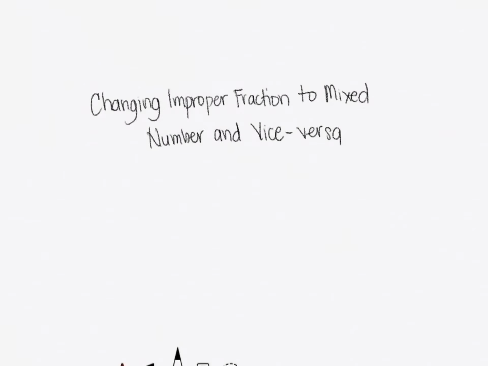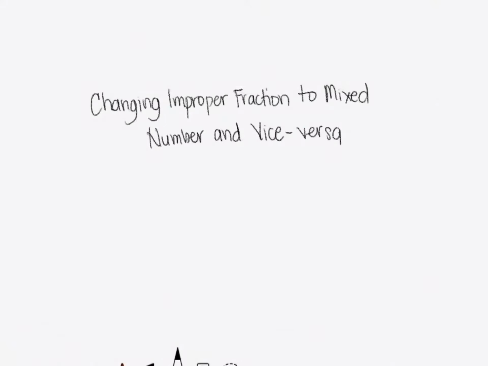So I have a video about fractions at kung hindi nyo pa ito napapanood, pwede nyo muna itong panoorin just to have concepts about fractions. Anyway, diniscuss ko rin dito yung two types of fractions which are the improper fraction and mixed number.